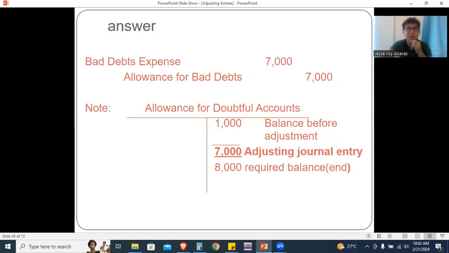But since naa na tay na-record nga 1,000 from last year and kailangan nato siya mahimong 8,000, then the adjusting entry will only require us to record 7,000 additional bad debts expense. So, prior balance of 1,000 plus the 7,000, it will add up to the 8,000 required balance at the end of the period. So, I hope that's clear. If not, then feel free to raise a question in the comment section.